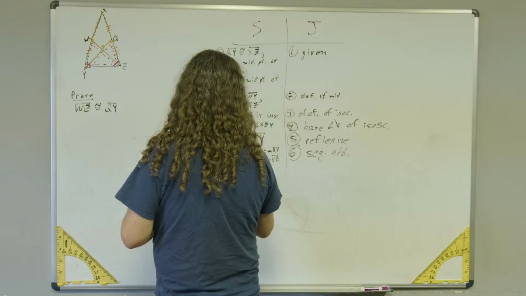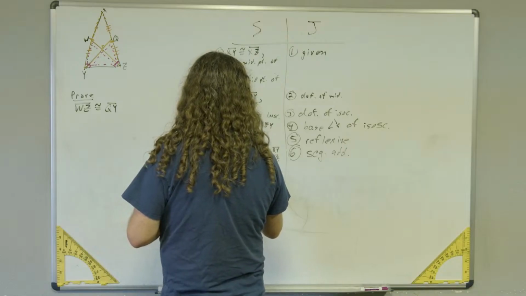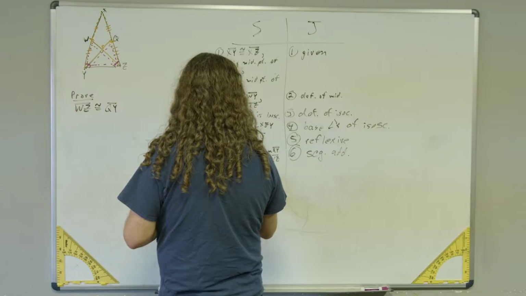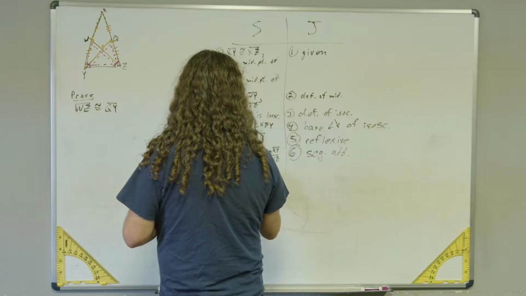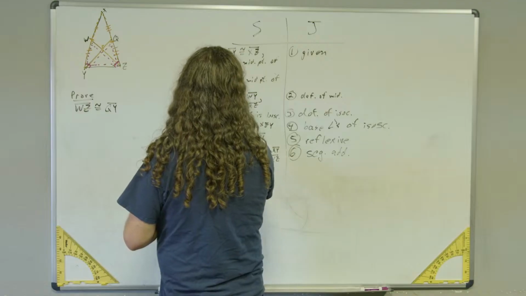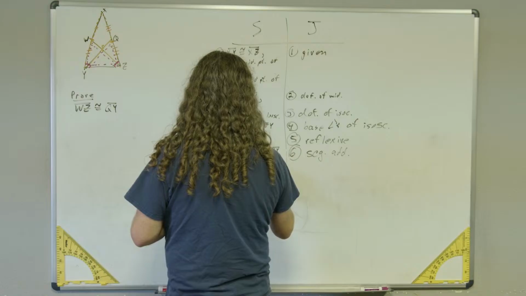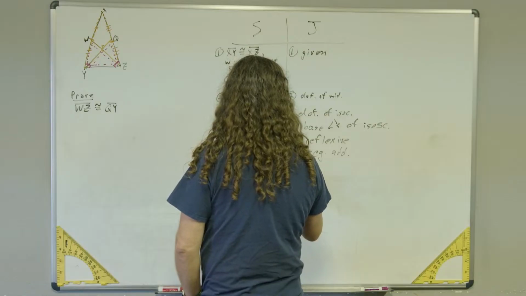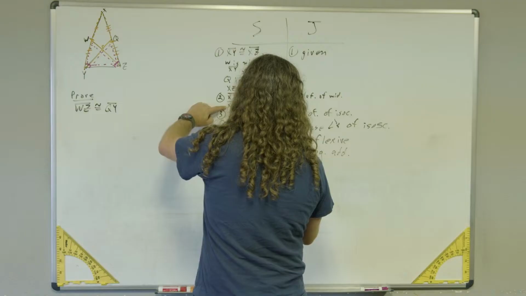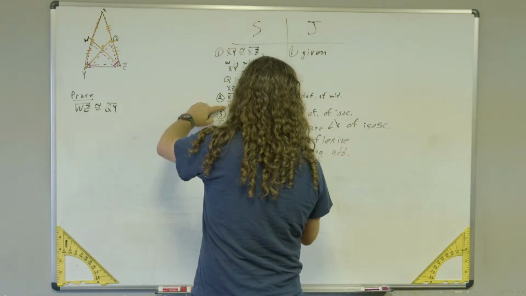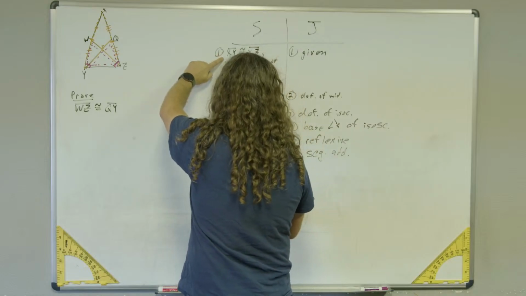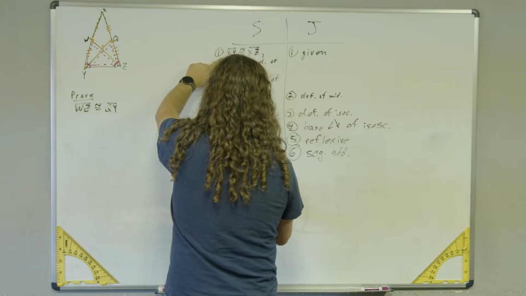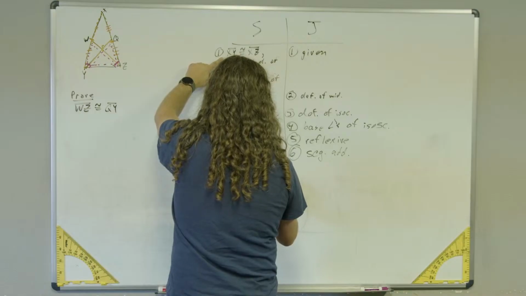The measure of XW equals the measure of WY, and we can say the measure of XQ equals the measure of QZ, and we can also say the measure of XY equals the measure of XZ.